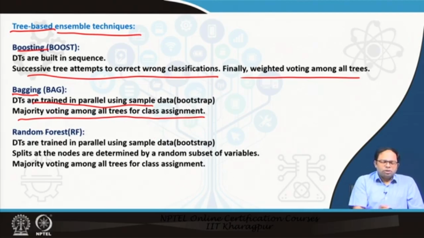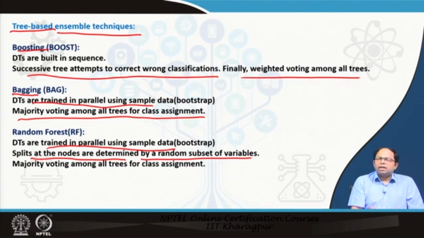Random forest is almost similar. There also decision trees are trained in parallel using sample data generated using the bootstrapping method, and it splits at the node. That means the divisions are determined by a random subset of variables. So, we create different trees and we select that split randomly, instead of following certain rules for how we select the decision node, how to split the data and so on.